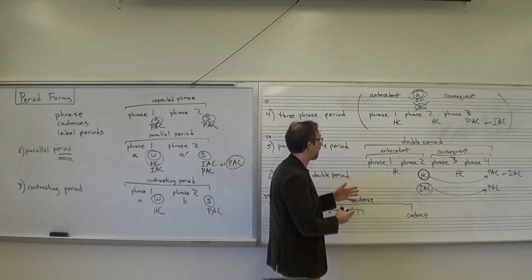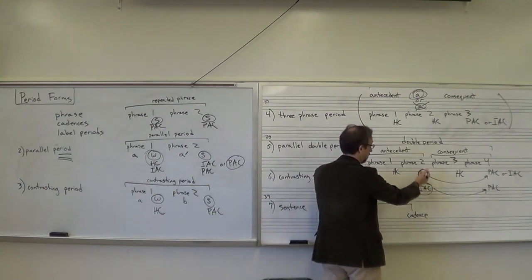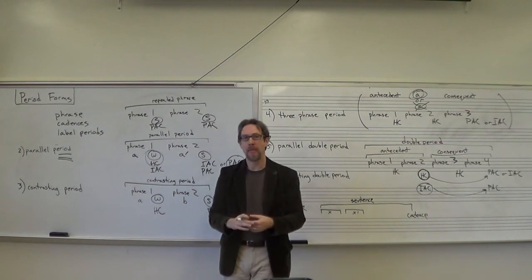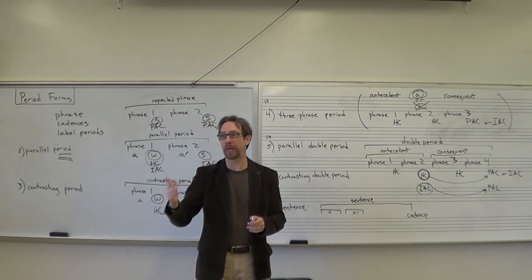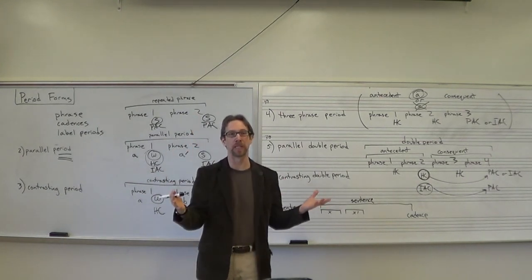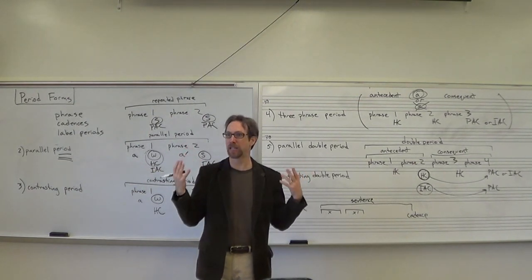How do you know that it's a double period versus a single period? Well, you have weak, weak, weak, and then finally strong. I guess theoretically, you could just keep going weak, weak, weak, until you eventually get to a strong, and that's all going to get lumped together. But there's kind of a limit on how much the human mind can hold at once.